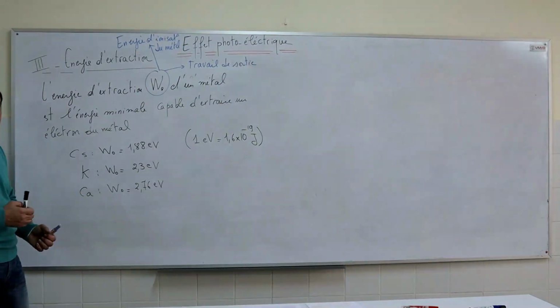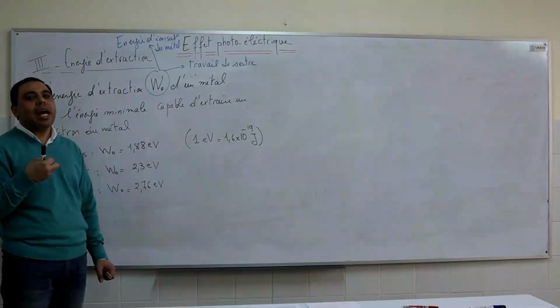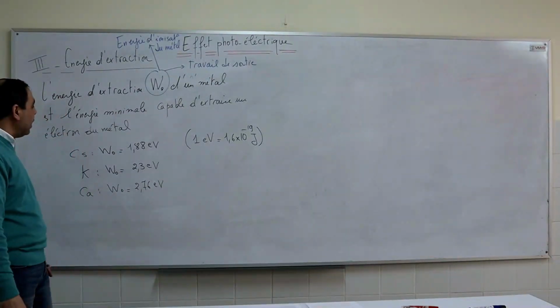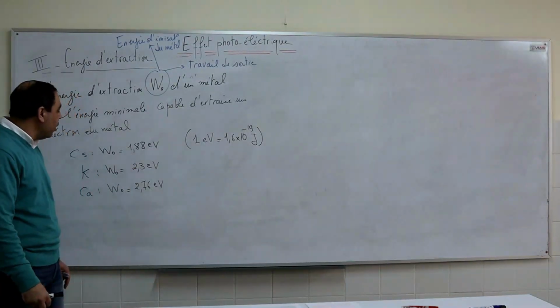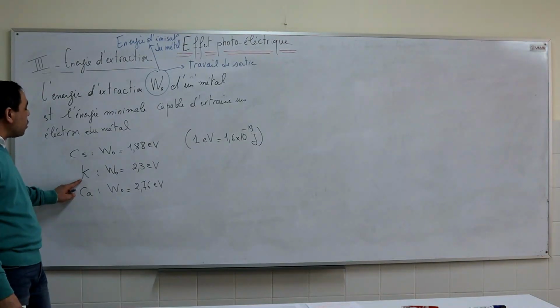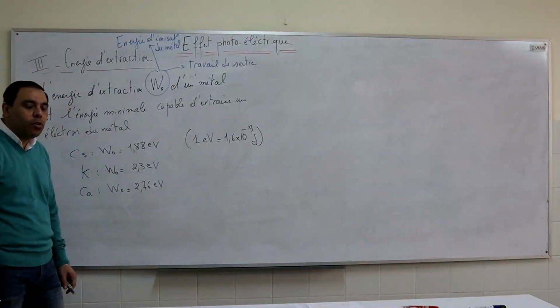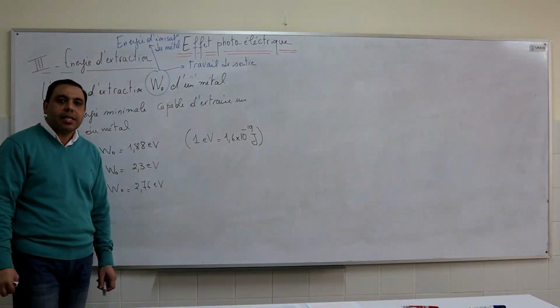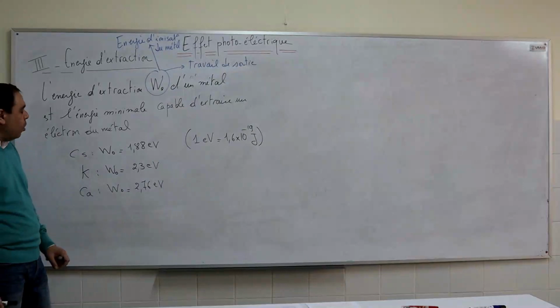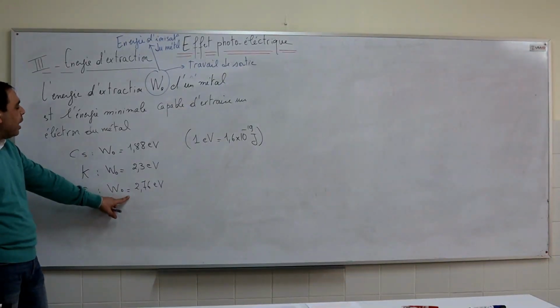We notice that the extraction energy, which is the minimum energy for extracting electrons from a metal, for cesium for example, is 1.88 electron volts. For potassium, it is 2.3. For calcium, it's 2.76. Then the electrons are more bound in calcium than the electrons in cesium.